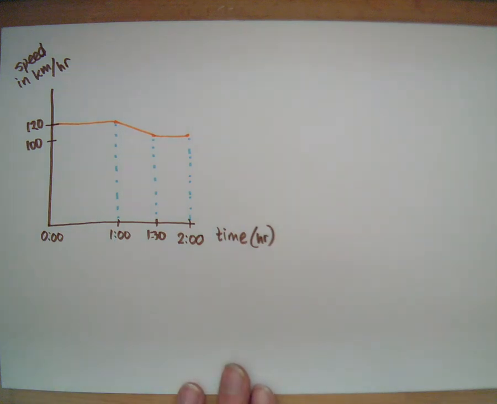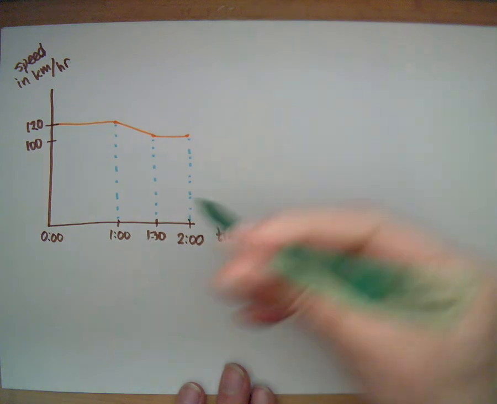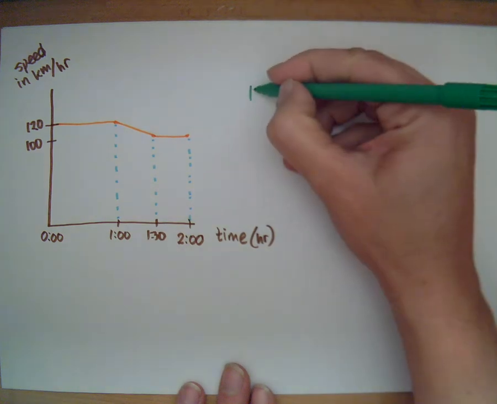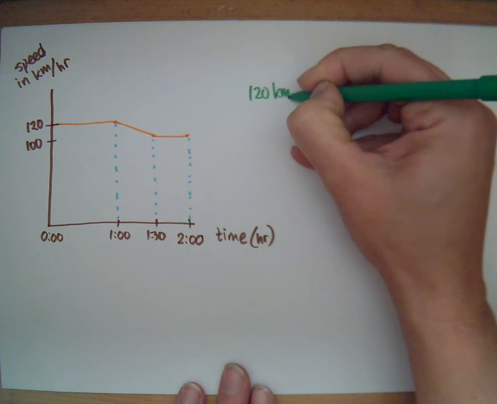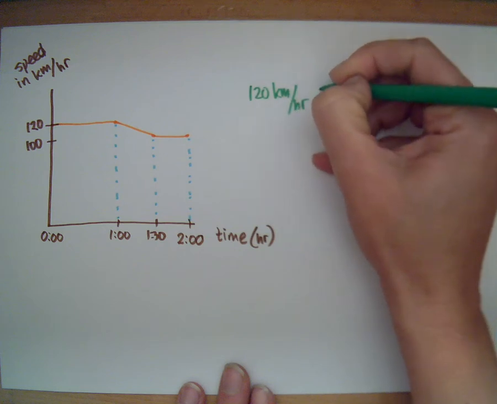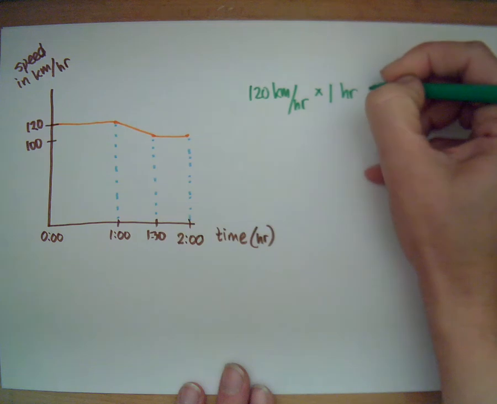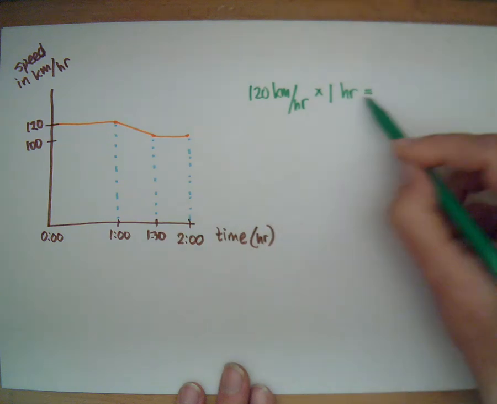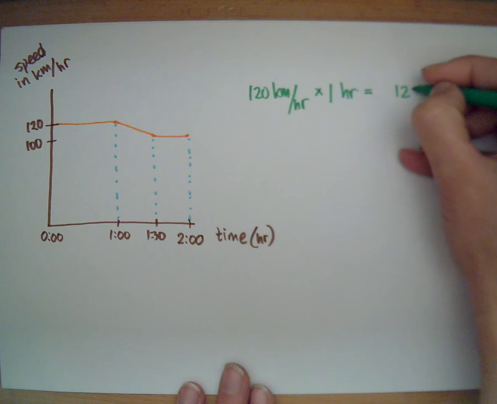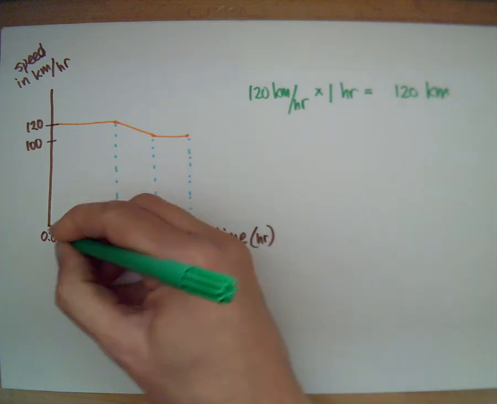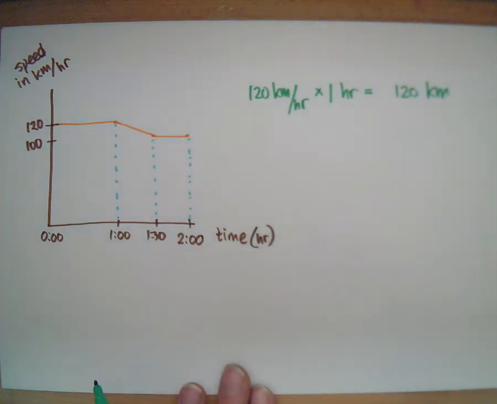In the first hour, we were going 120 kilometers per hour. For how long? For 1 hour. So multiplied by 1 hour, that gives us 120 kilometers. So in this first hour, we traveled 120 kilometers.